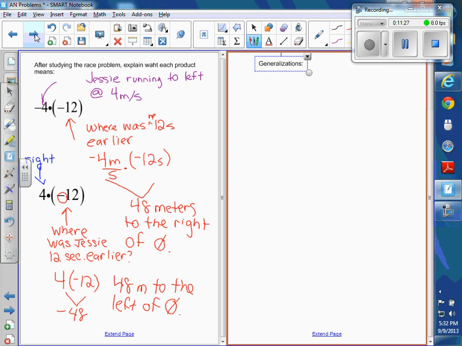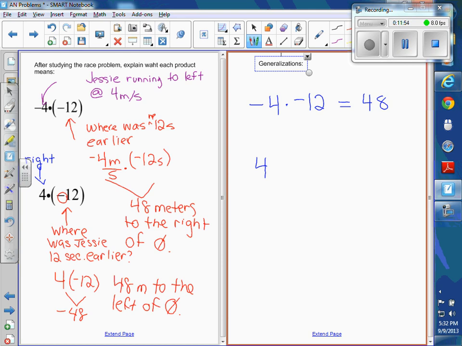Okay, we're going to just try to make some generalizations. If you look over to the left, we were doing a negative 4 times a negative 12. So we got a negative times a negative and ended up with a positive 48. It makes sense when you look at the number line with that runner. But another way to think about it, well, let's look at the other one first, and I'll talk about some ideas.